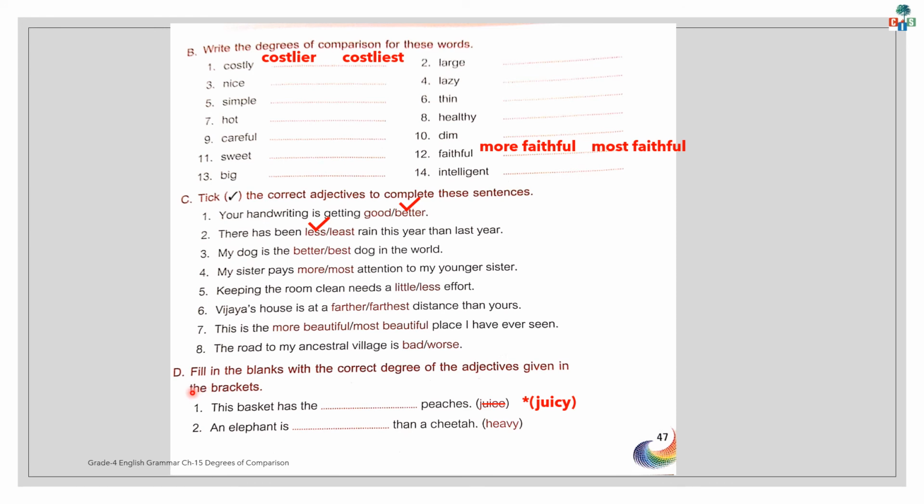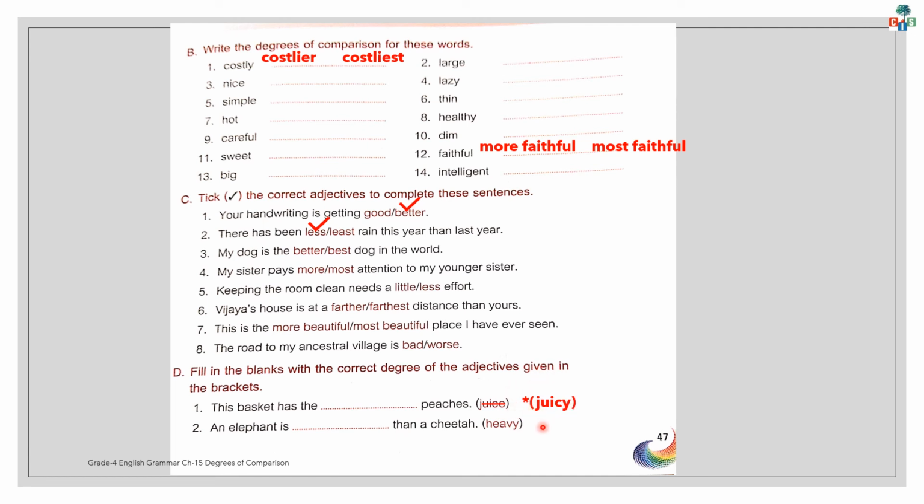Now exercise D. Fill in the blanks with the correct degree of the adjectives given in the bracket. Now see the first one. This basket has the dash peaches. Now in the bracket, juice is given, children, but here you have to do the correction. Make it juicy. Juice is the noun and juicy is the adjective. So make a change here.